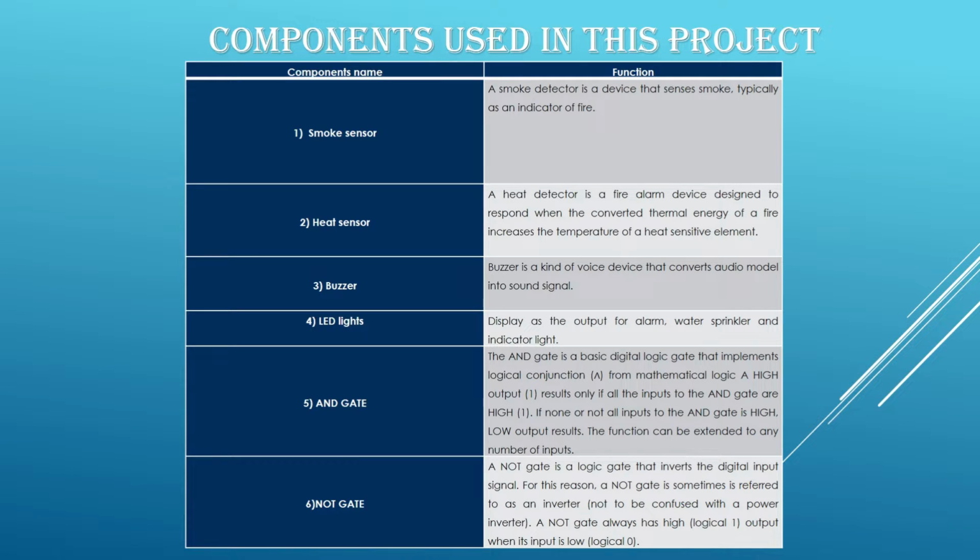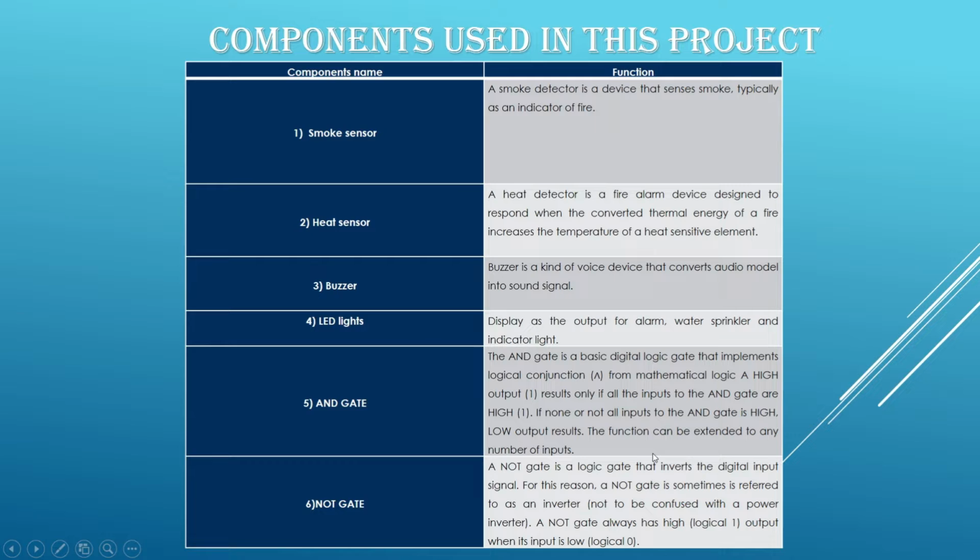The AND gate is basically a digital logic gate that implements logical conjunction from mathematical logic. A high output results only if all the inputs to the AND gate are high. If none or not all inputs to the AND gate are high, a low output results.